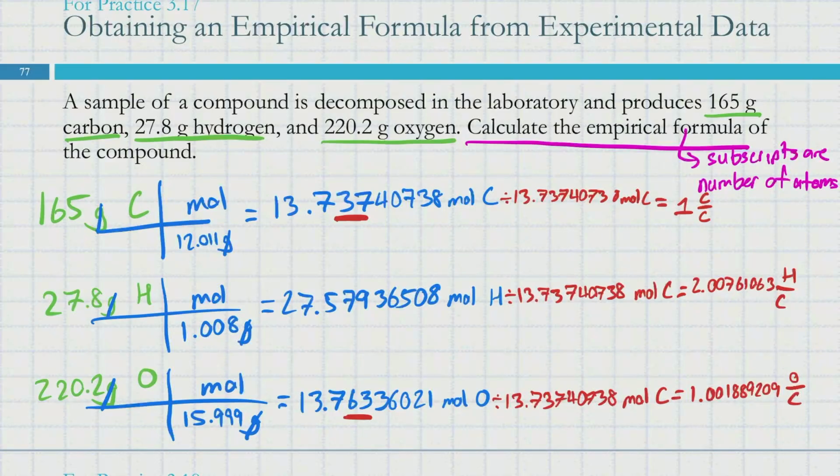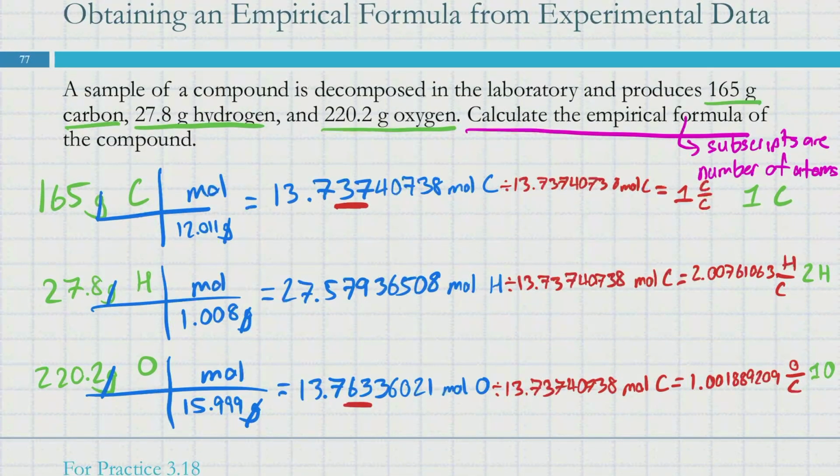So it's going to be 1, 2, 1. So 1 carbon, 2 hydrogens, 1 oxygen. And these become our subscripts for our formula. So CH2O. That's our empirical formula.